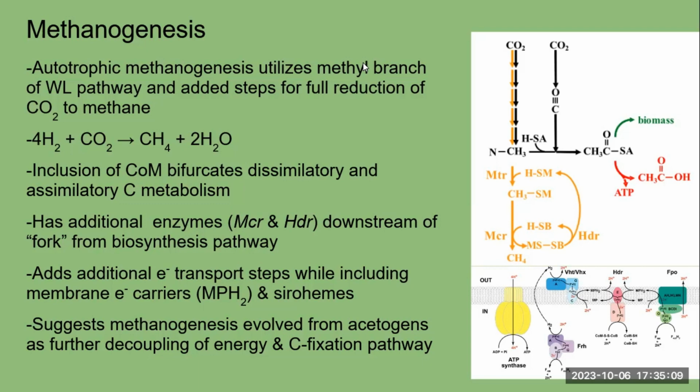Acetogens have a single step where the flow of electrons is used to power ion pumping, but the addition of this last step on the methyl branch includes another transfer of electrons, which is used to pump ions out of the cell, increasing the energetic yield.